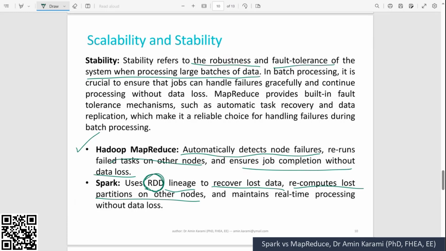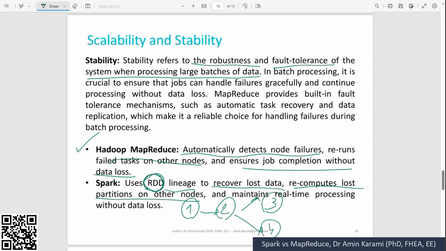It means that if you have lots of operations on your data, let's say the first operation is summation, the second operation is statistical analysis, and then you have another operation and another operation coming from this.